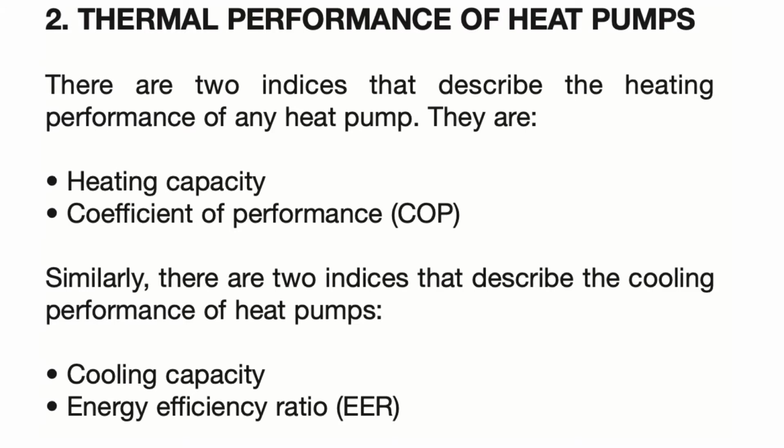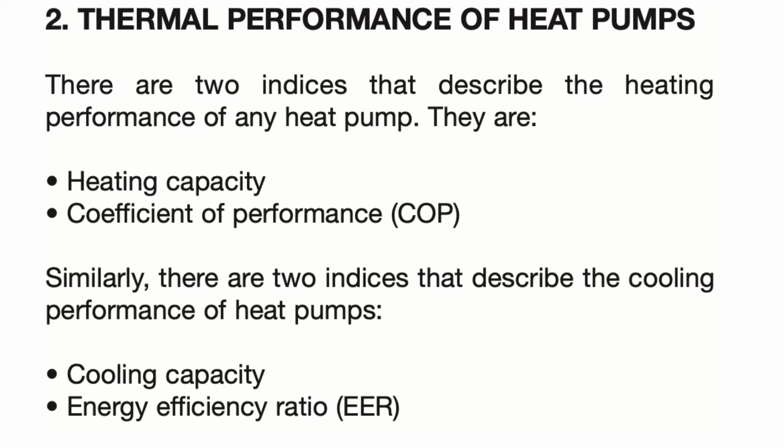As it pertains to heat pumps, there are two thermal performance factors that have to be taken into consideration. These indices that describe the heating performance of any heat pump are heating capacity, as listed in BTUs per hour, and the coefficient of performance, which is essentially the ability of this unit to transfer heat from a source to a load, or from a load to a source, and its efficiency in doing that is expressed in terms of kilowatts.